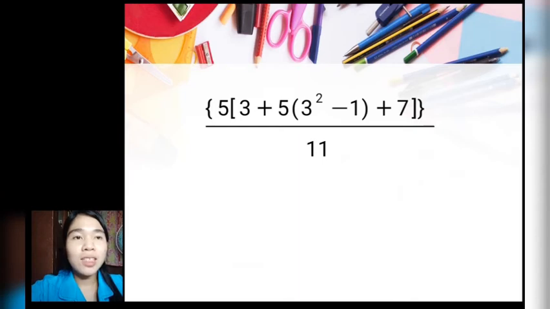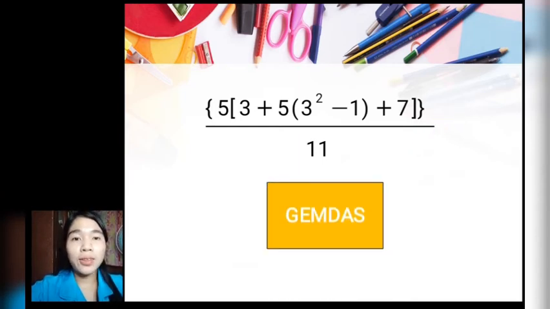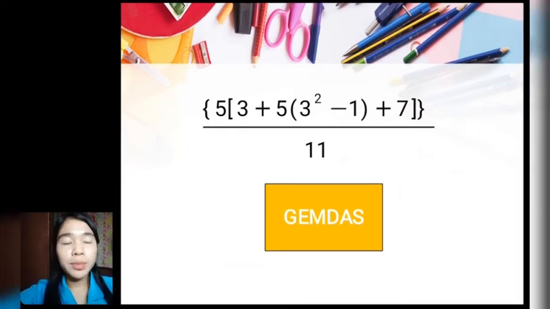Okay, so for us to get the correct answer, we should follow the GEMDAS rule. GEMDAS means grouping symbols, exponents, multiplication, division, addition, and subtraction. So we just follow the GEMDAS rule for us to get the final answer of this equation.